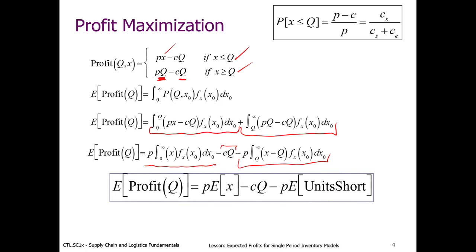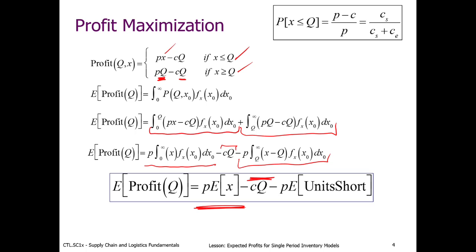So what I end up with is this expected profit equation consisting of three terms. The first term is P times my expected demand regardless of what my Q is. Then I've got this term for my costs. It's C, the cost per unit, times the quantity that I ordered.